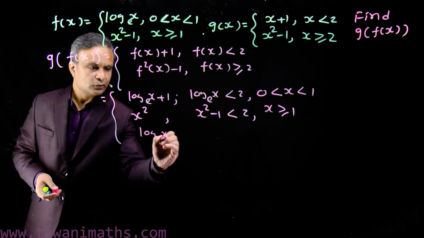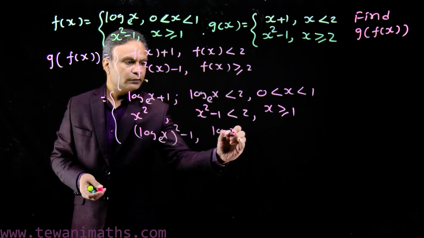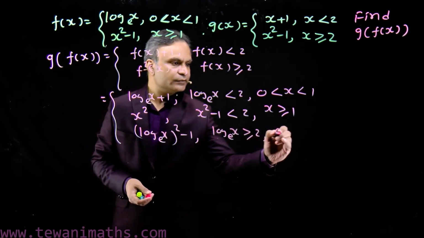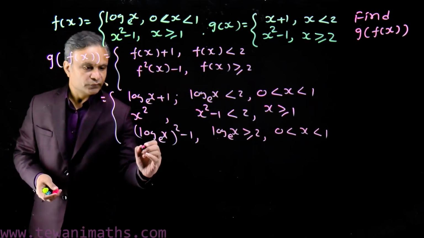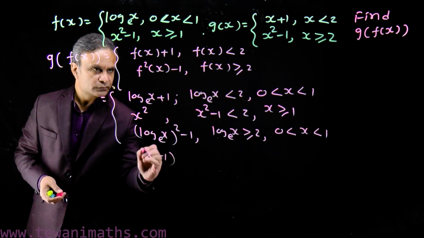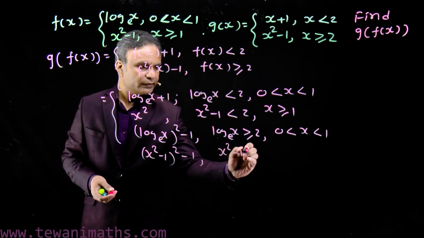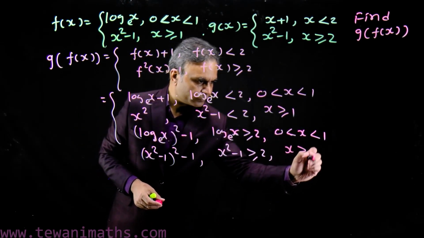We get (log x) square minus 1, where log x is greater than or equal to 2 and 0 less than x less than 1. Next we have (x square minus 1) square minus 1, where x square minus 1 greater than or equal to 2 and x greater than or equal to 1.